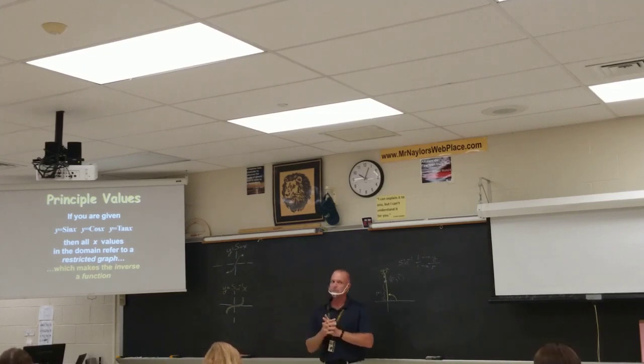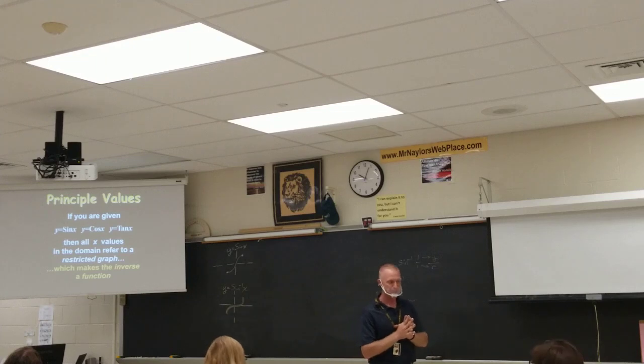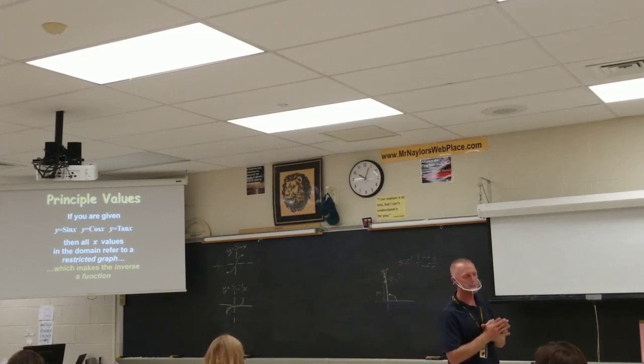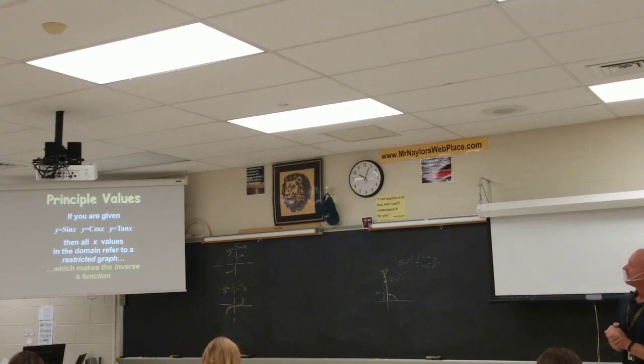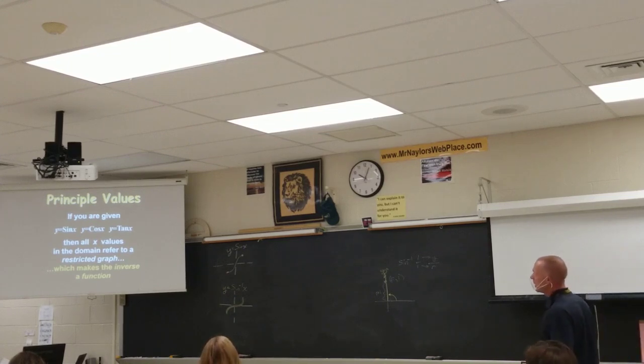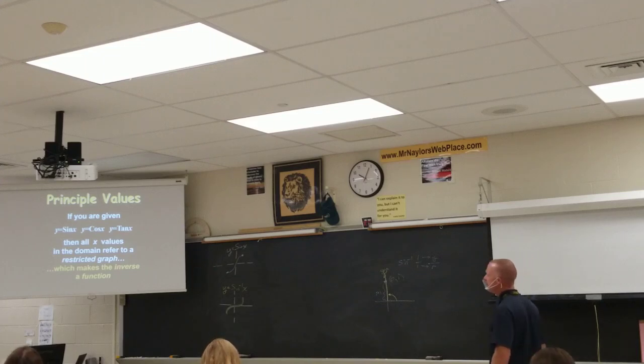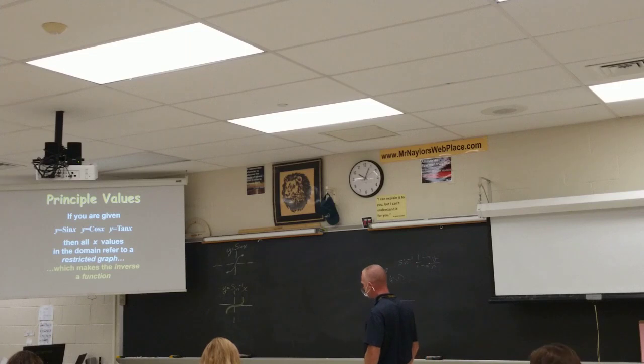It's denoted with a capital letter. So that's kind of new. If you see a capital letter, it's not because it's the beginning of a sentence. But when you have this principal region, it's a restricted graph. And honestly, the big kicker here is it makes the inverse a function. That should be big and bold. It makes the inverse a function.